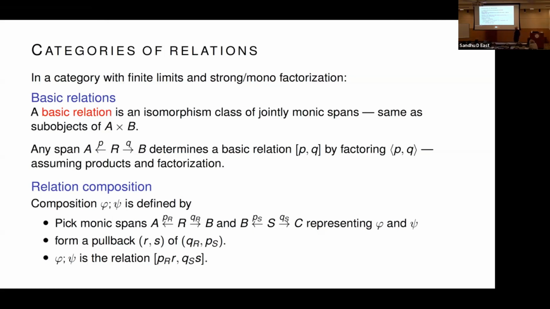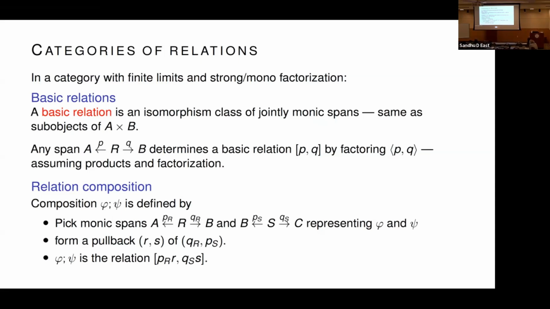And now we can define a relational composition that I'll write with a semicolon there. Basically, you take these two spans. Maybe I can write it real quickly here. So I have two spans that look like this. A relation here, a relation here. Now what I'll do is make this square, which is a pullback. Roughly speaking, that's the category theorist's version of an intersection.